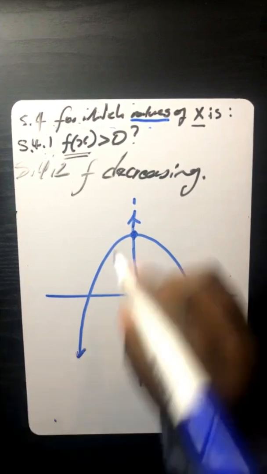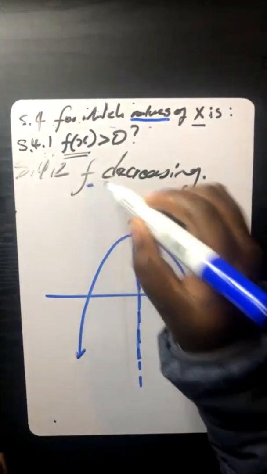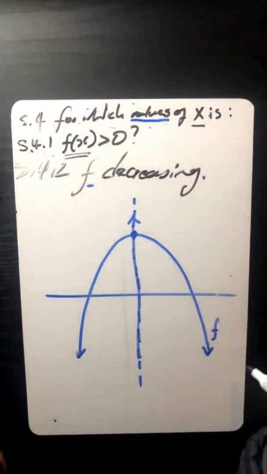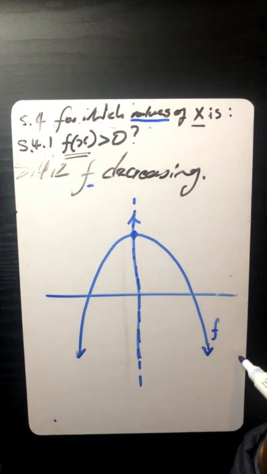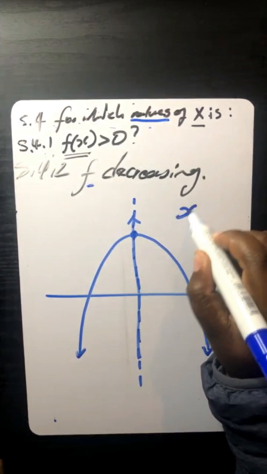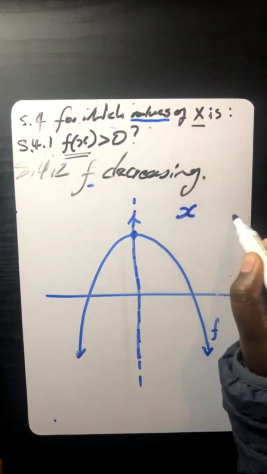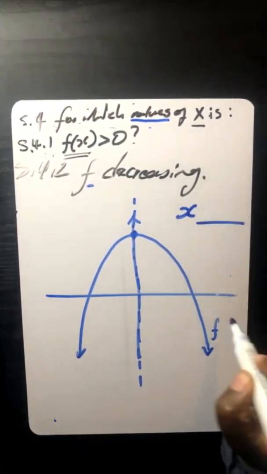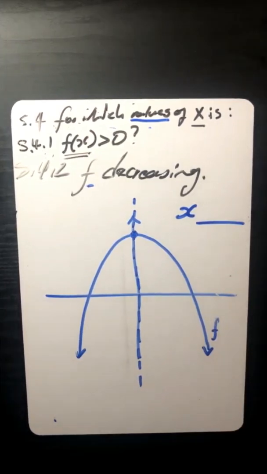In this case, they're asking for the x values where the function f is decreasing. You need to say x is whatever, and give the x value there. I'm not sure if there's someone who wants to give it a try before we conclude it to be your homework.